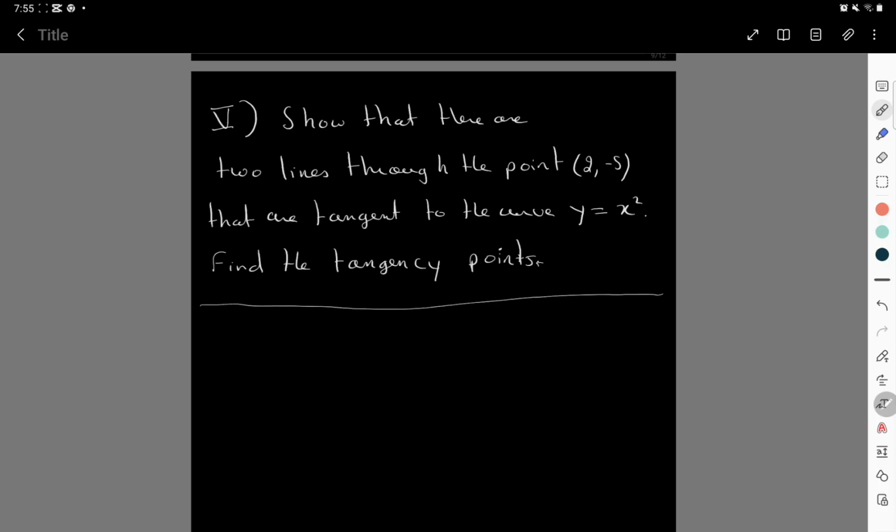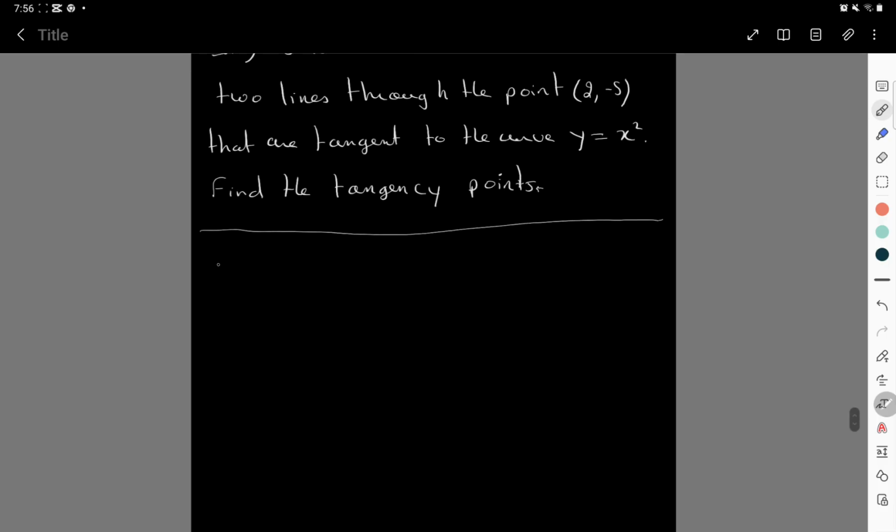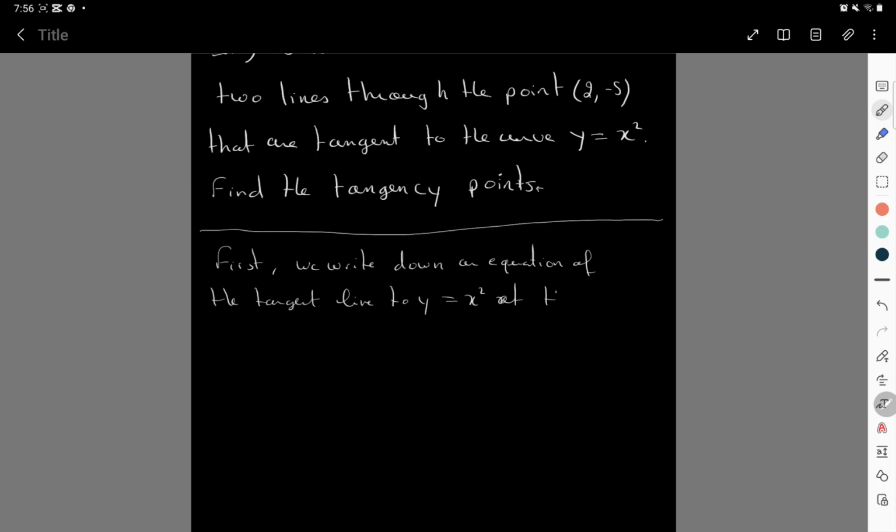Okay. Now the idea here is that first we write down an equation of the tangent line to y equal x squared at the point where x is equal to a.